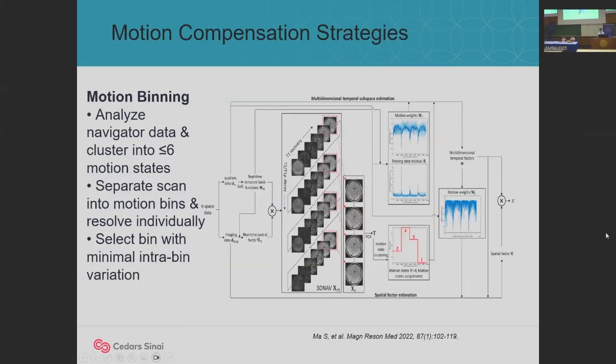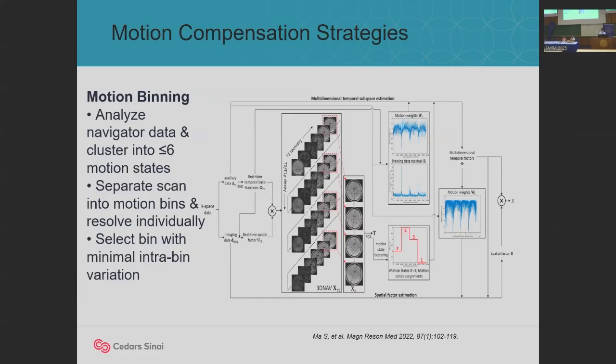We've been applying this technique in a multi-center study in the US, and we have found some patient scans where motion is problematic. So we've been developing post-processing and reconstruction-based strategies to address that issue.